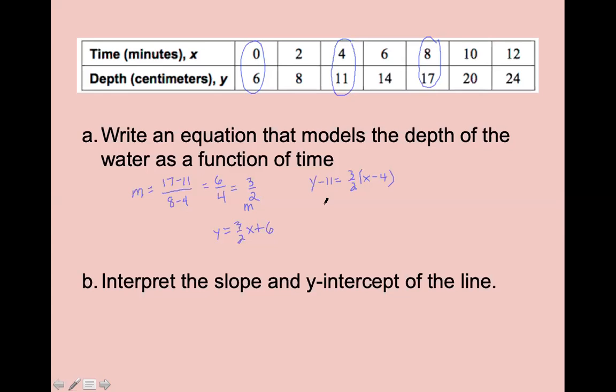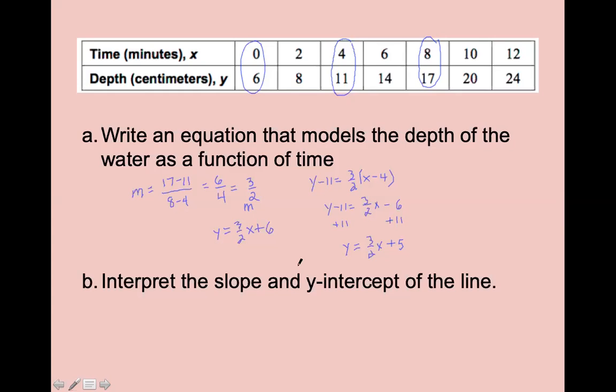If I distribute, I get y minus 11 equals 3/2 x, and 3/2 times 4 would be 6, minus 6. And then I'd add 11. And so using point slope with those two ordered pairs, I got y equals 3/2 x plus 5. Here I have y equals 3/2 x plus 6. So those are very close. Their y-intercepts are slightly off, same slope, right?